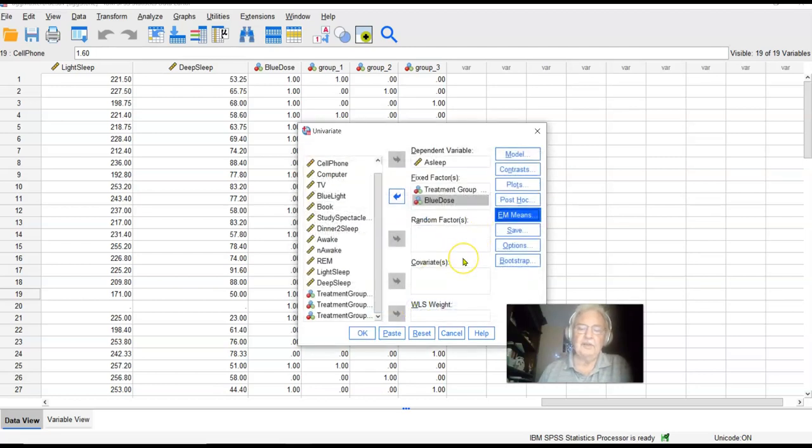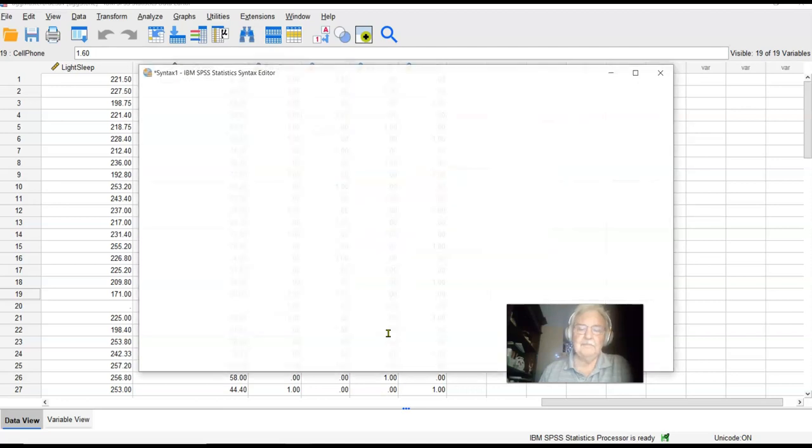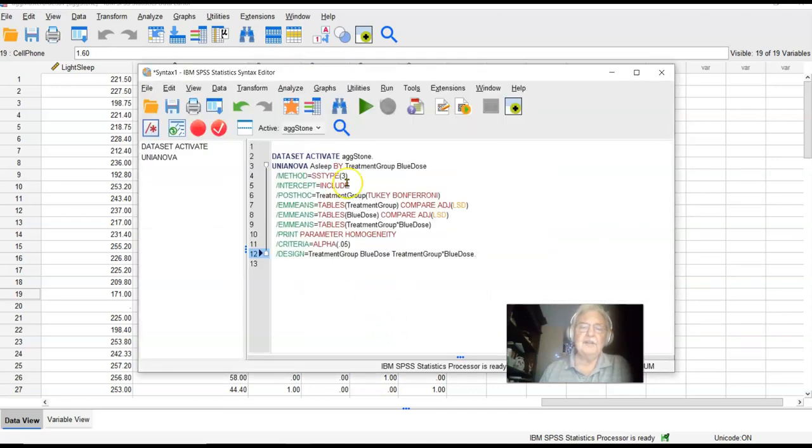Actually, let's go ahead and do it now. So rather than run this, say OK, we're going to paste. And that's going to create the syntax. So this is what SPSS does behind the scenes. It creates this syntax. In this case, we have our model, asleep by treatment group and blue dose.